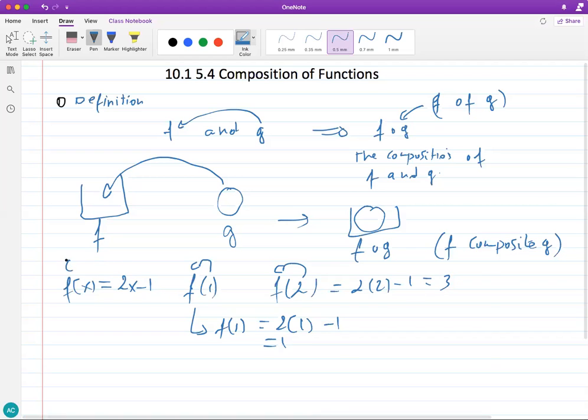So this is what we call evaluations of functions. That's when you plug in x and you get some y. Today we're going to do the same thing. We're going to plug something into the function. Instead of plugging a number like 1 or 2, we're going to take an entire function, for example, g here, and plug it into f.